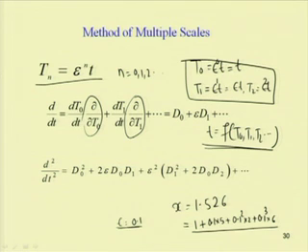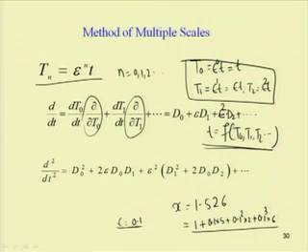So, d by dt equals D0 plus epsilon D1 plus epsilon square D2 and higher order terms. In this way, one can use different time scales t0, t1, t2 and higher order terms to write the equation of motion.